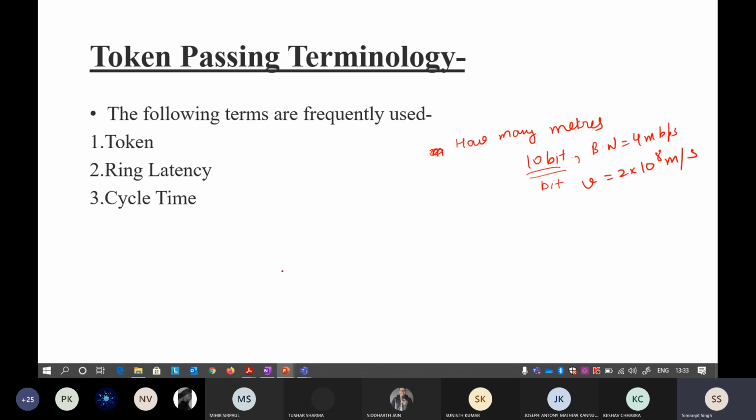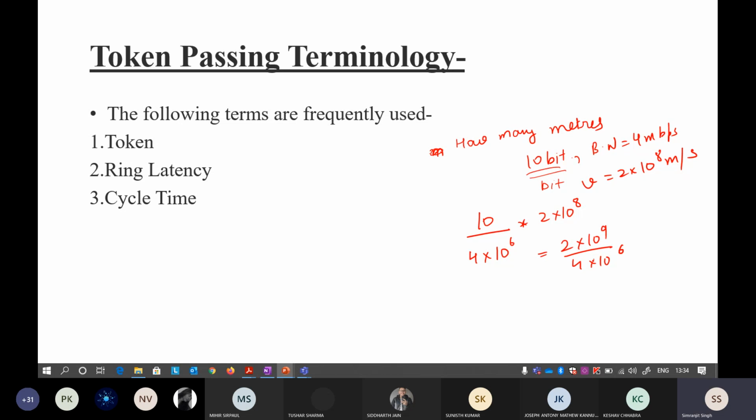So first I divide it. What is 10 bits? I divide it by the bandwidth, that is 4 into 10 raised to power 6 bits per second. After that you have to multiply it by velocity, which is 2 into 10 raised to power 8 meters per second. If you solve it, it should be 2 into 10 raised to power 9 over 4 into 10 raised to power 6.